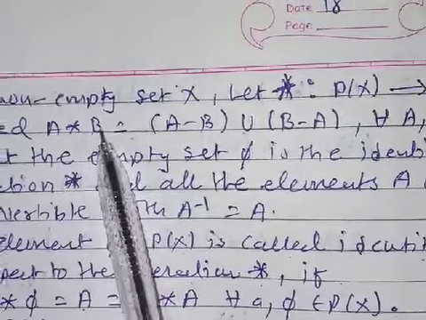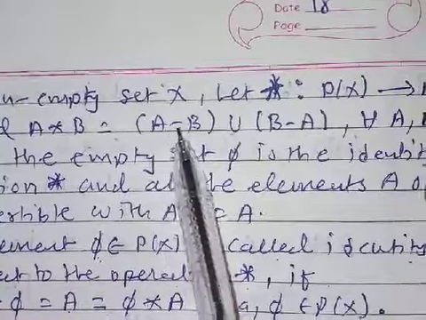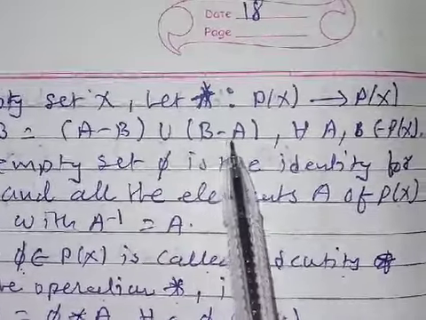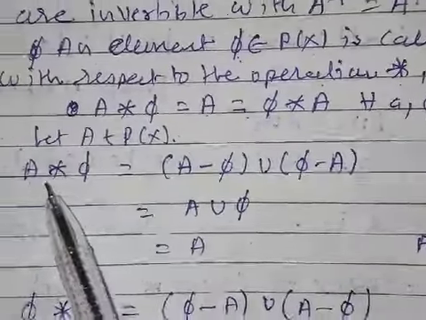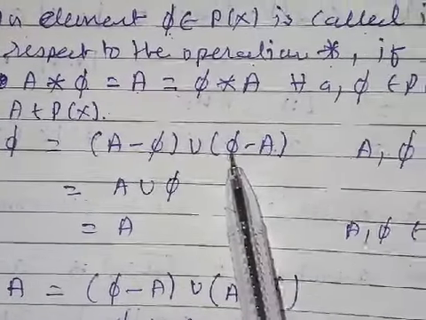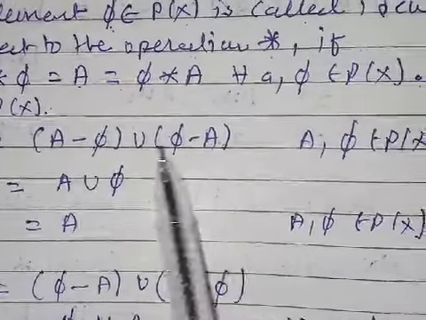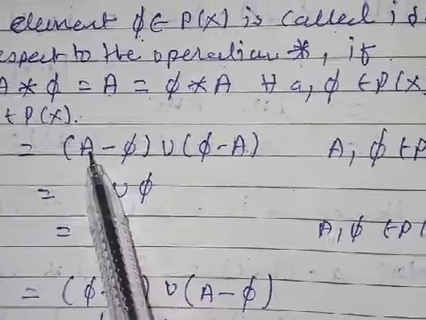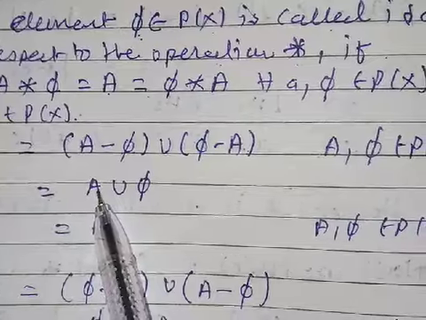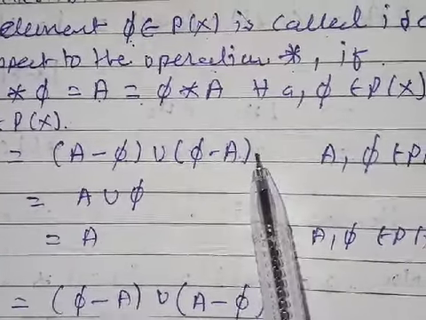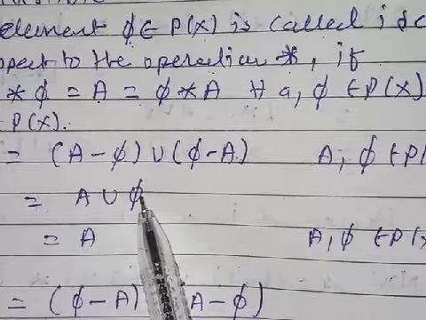A star phi is equal to A minus phi union phi minus A. Now A minus phi, if you subtract the empty set from A, what do you get? A. And phi minus A, if you subtract A from the empty set, nothing you will get. So it is phi.